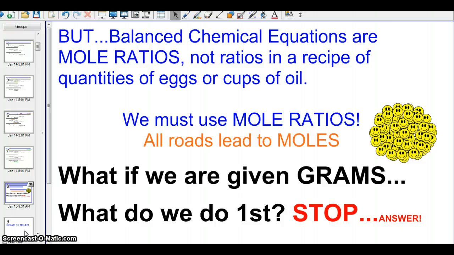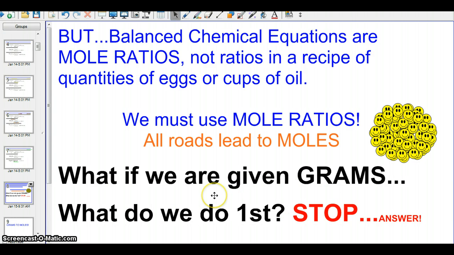In chemical reactions, the same concept applies, except in this case, our balanced equations aren't ratios by how many cups or teaspoons or tablespoons of a substance or a reactant, but they are mole ratios. And so we spent a lot of time earlier in the year talking about mole ratios and also gram ratios.